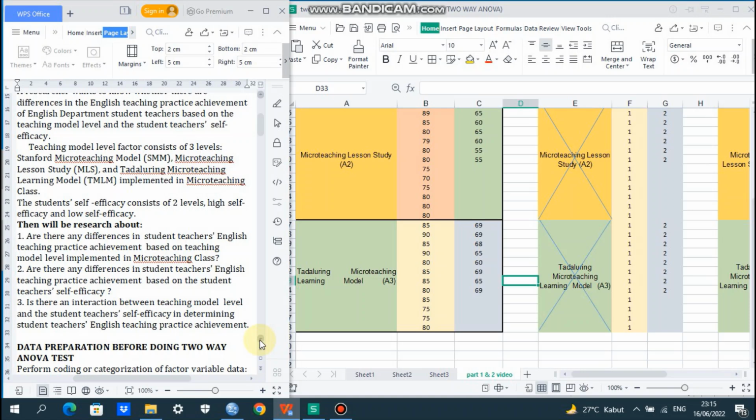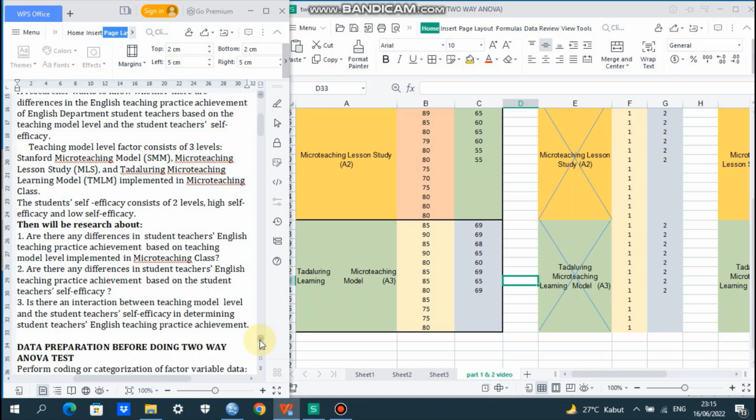And here the research will be about the research questions. Number 1, are there any differences in student teachers' English teaching practice achievement based on teaching model level implemented in micro teaching class?